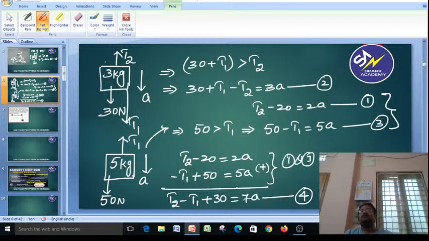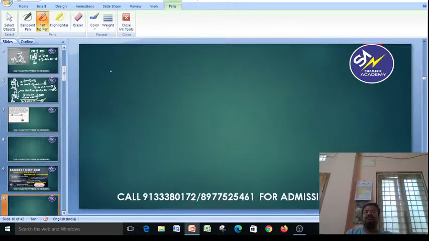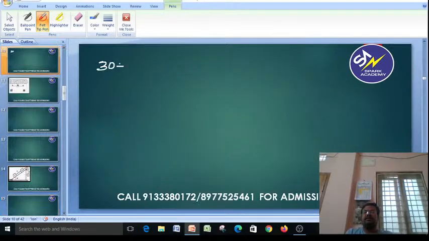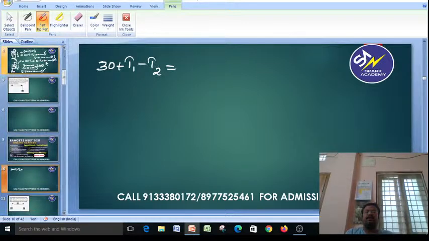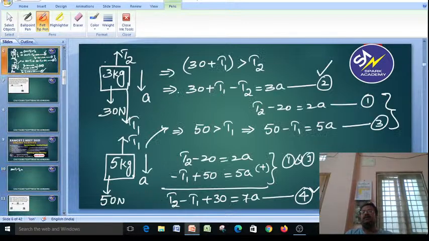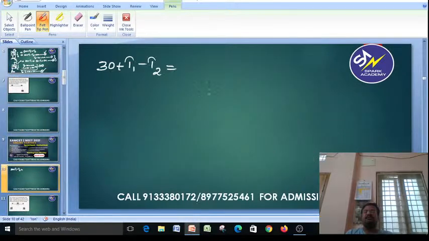Now let us solve the second equation and the fourth equation to get the solution. Let us write down 30 plus T1 minus T2 is equal to 3A.